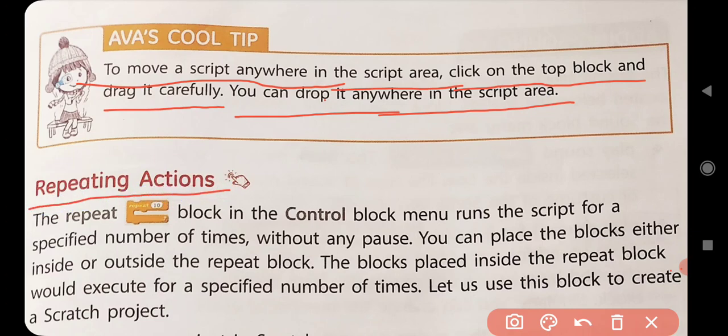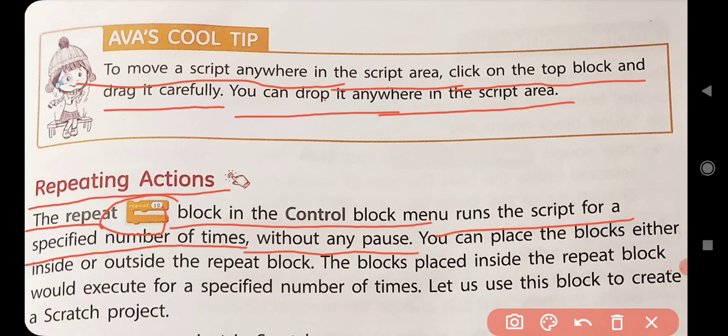In repeating actions, the repeat block in the control block menu runs the script for a specified number of times without any pause. We will get the repeat block in the control block menu.